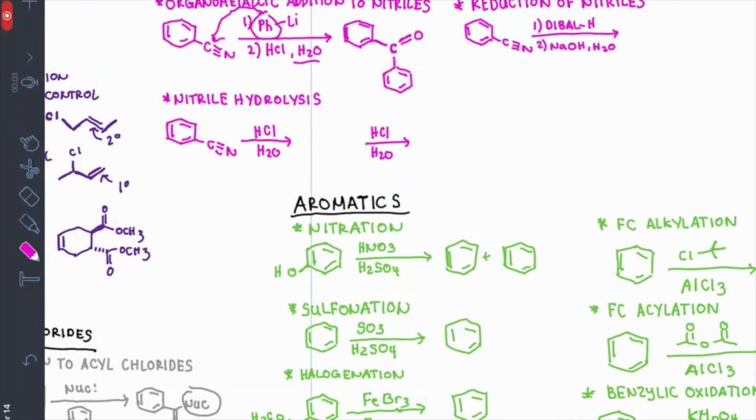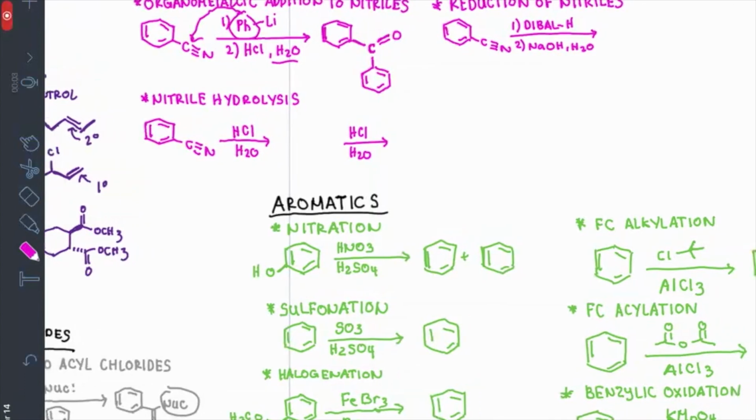Next, we have nitrile hydrolysis. With nitrile hydrolysis, we are going to first treat it with HCl and H2O. Our first treatment will end up like so. Okay. So we're going to have a double bonded NH, okay? And the first water is going to attack that carbon, and we get an alcohol.